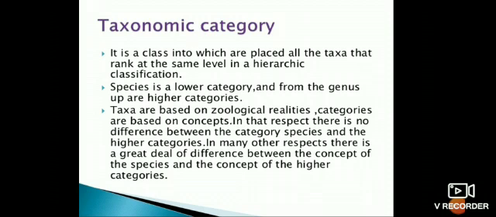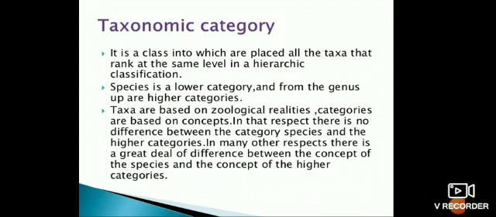In many other respects, there is a great deal of difference between the concept of the species and the concept of the higher categories. Here, taxa are based on zoological realities. It deals with the organism, whereas category means the position of the organism in the hierarchy.